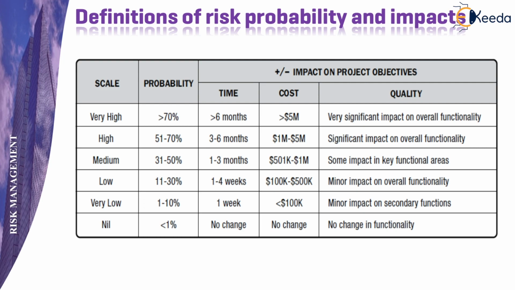And further, more than 70% probability of occurrence and loss of time more than 6 months or cost implication more than $5 million is said to have a very significant impact on the overall functionality of the project, its health, and its viability. Therefore, the scale is very high.